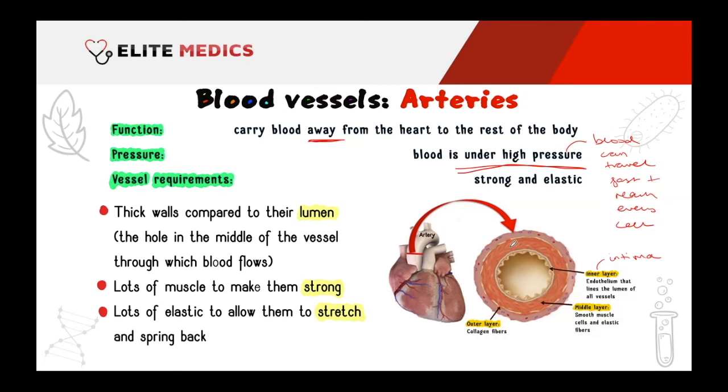Then we have this middle layer, and you'll notice that that's quite a thick layer, and that's made up of smooth muscle cells, and this is called the media. And we finally have an outer layer, which is a little bit thinner than the middle layer, but a bit thicker than the inner layer, and this is known as the adventitia.